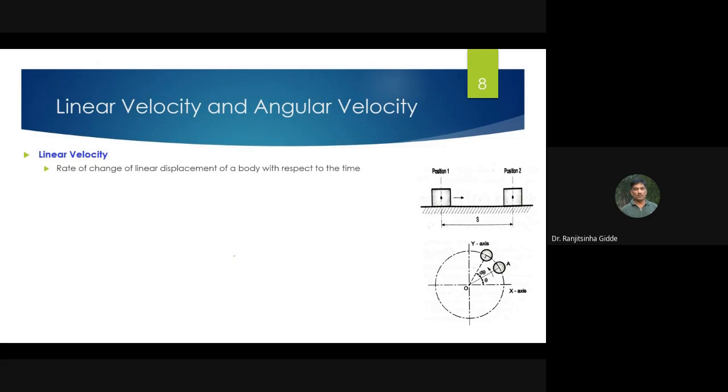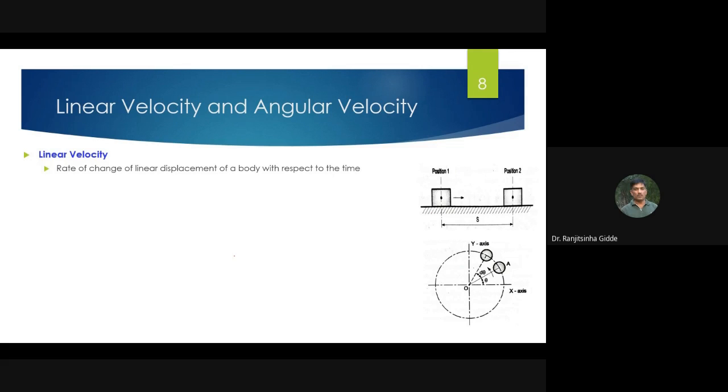Then write, it is the rate of change of linear displacement of a body with respect to the time.